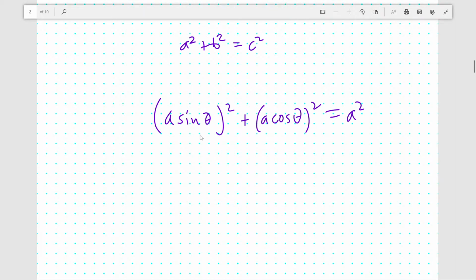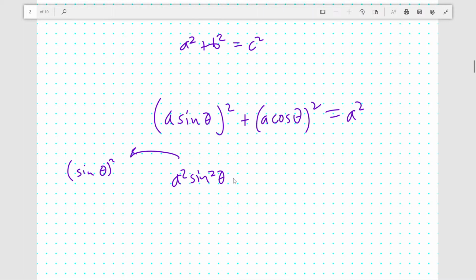And you know this from the fact that a sine theta squared is going to be a squared sine squared theta. This can also be written as sine theta squared, but in these next few videos, I want you to get more used to using this notation where the exponent goes after the name of the function rather than the actual theta.